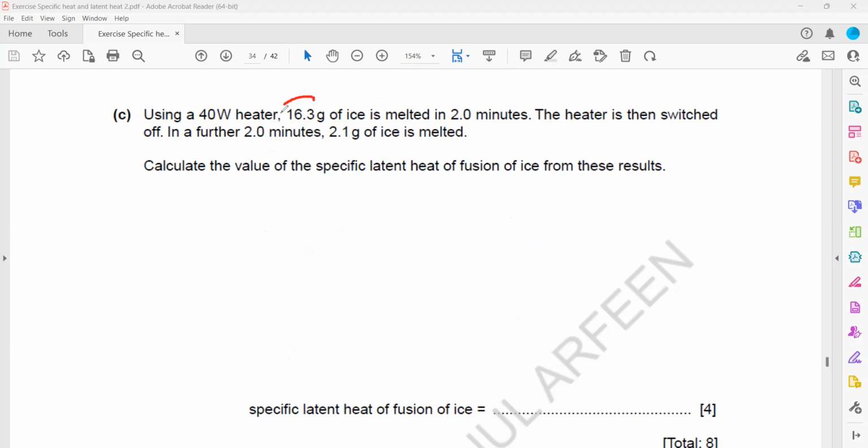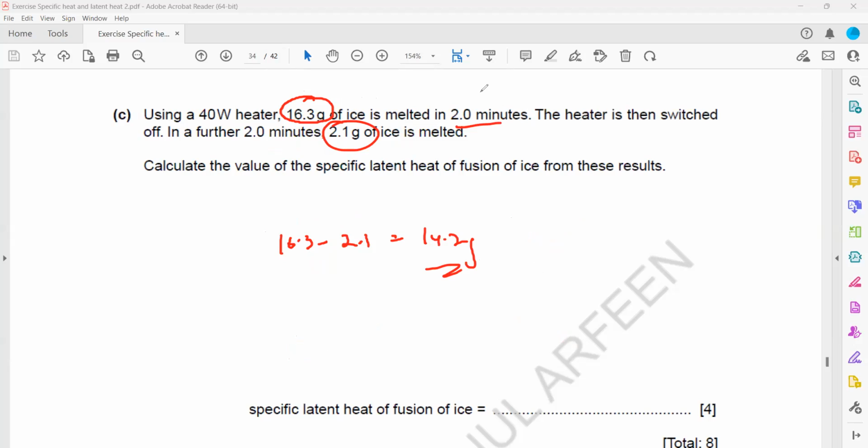We have 16.3 when the heater was switched on, and 2.1 when it is switched off. So 16.3 minus 2.1 is 14.2 grams.